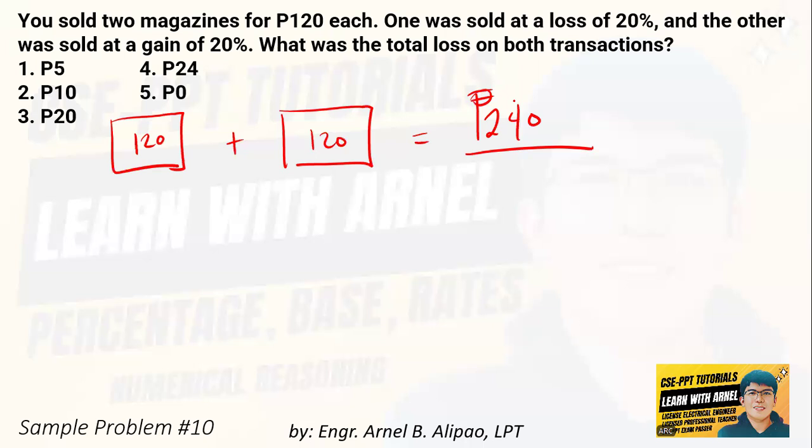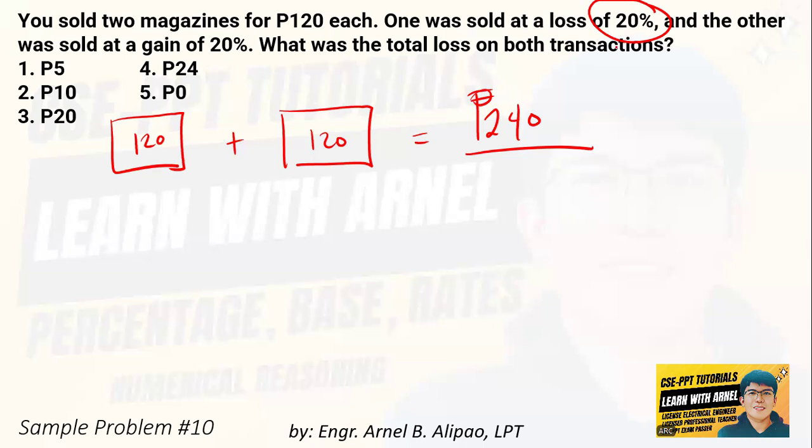But we have to take note that the first magazine, you sold it at a loss of 20%, meaning to say, you lost 20% for the first magazine. So if you lost 20%, that means certainly, the one who bought this magazine from you asked you for a 20% discount.